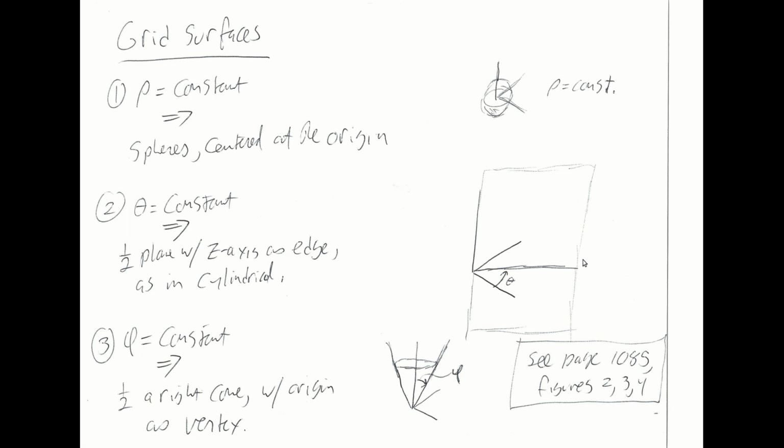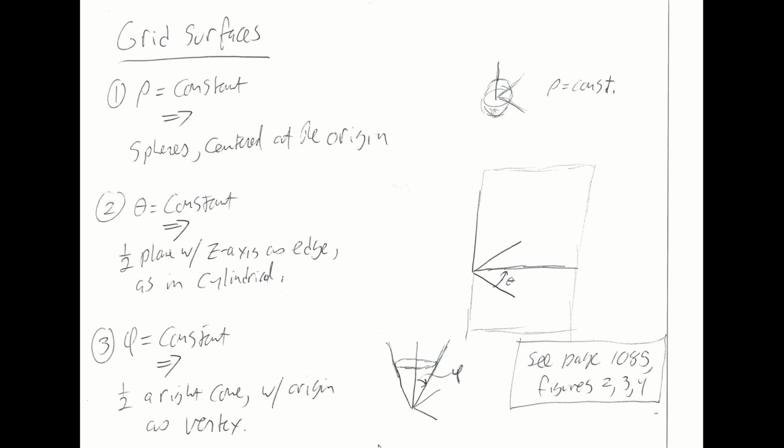This line is the line in the xy plane that's represented by theta equal to this constant value, and I take all points above and below that line for the collection of objects represented by theta equal to a constant in spherical coordinates. We could let phi rotate from 0 to pi to trace out the half circle in this plane, and then represent that half circle of any radius to get a bunch of concentric half circles, which would give me the whole of this half plane.